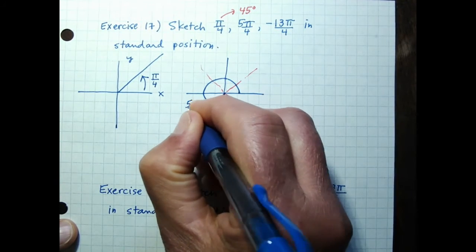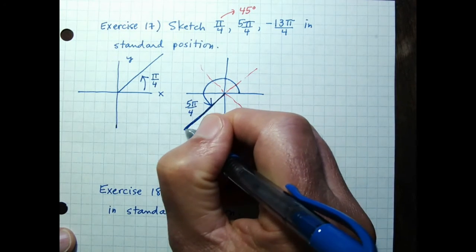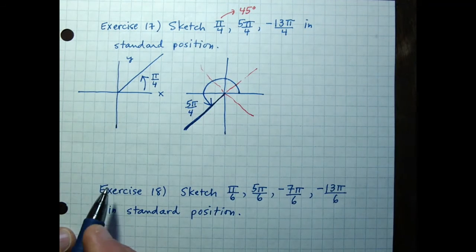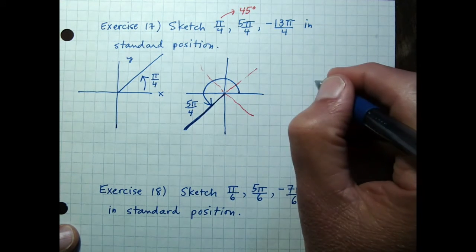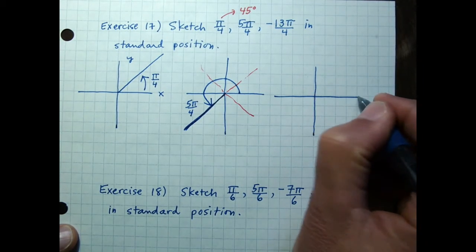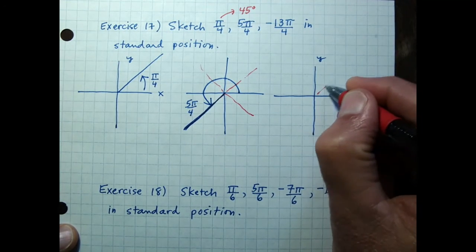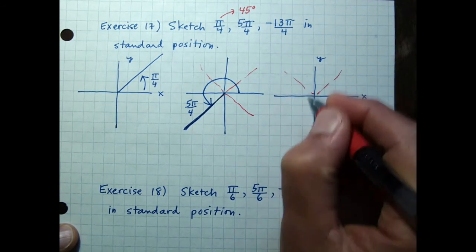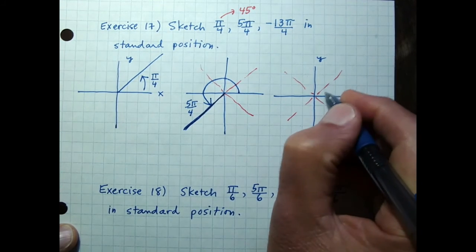It's the terminal side that we're really curious about. Like, that's going to be important, which quadrant it lies in for the angle. And, okay, there's 5 pi over 4, negative 13 pi over 4. Set up my coordinate system. So, again, if it helps you, you can lightly indicate those multiple lines.